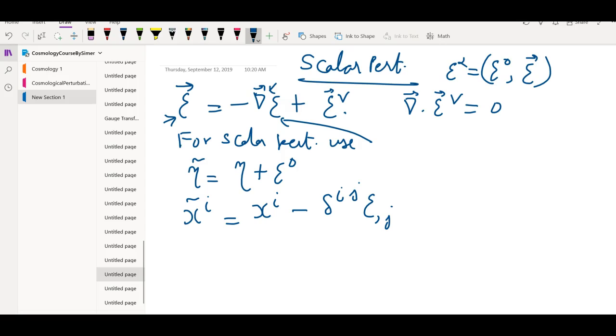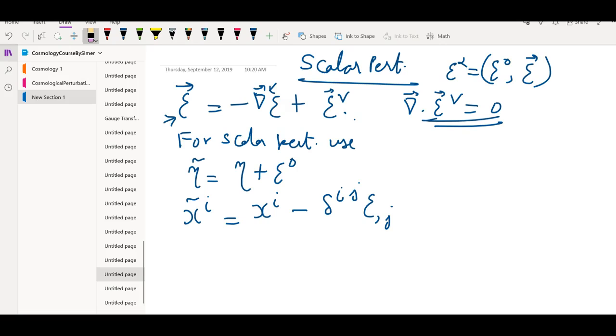Then in gauge transformations, instead of using the vector xi, we can write the gauge transformation in terms of the potential xi. That way we will be dealing with all scalar quantities and no vector quantity at all.